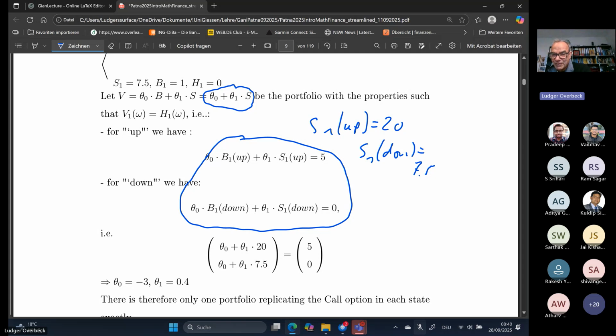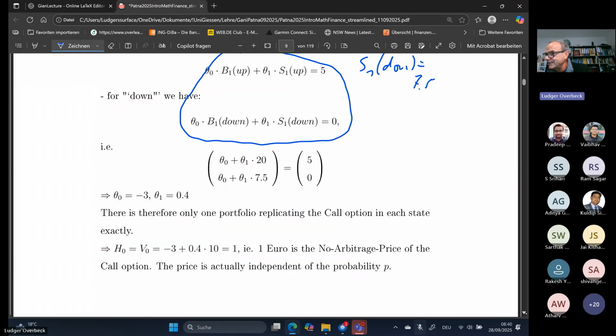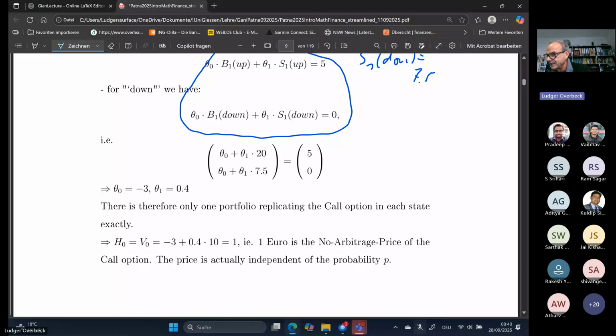That's an assumption on the market you have in order to implement this mathematical solution. And you have only one solution.